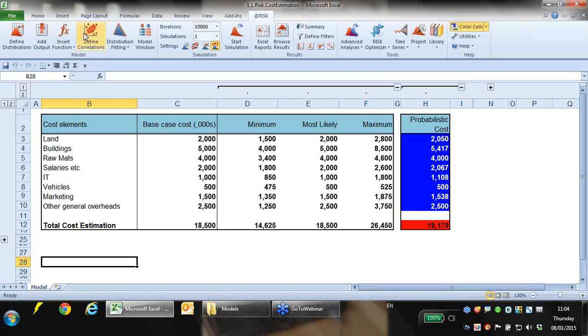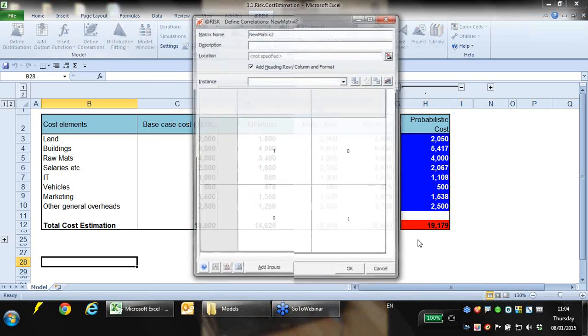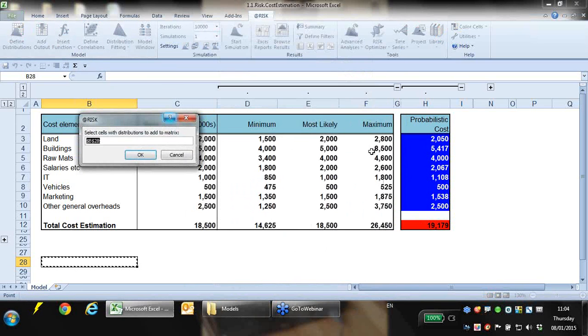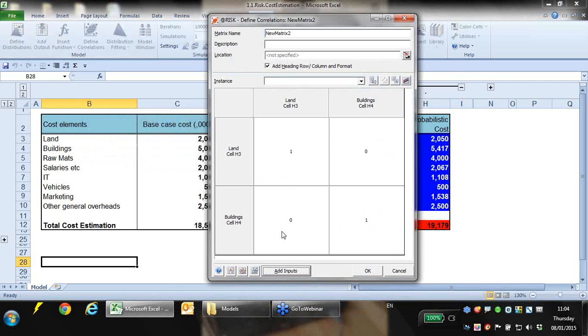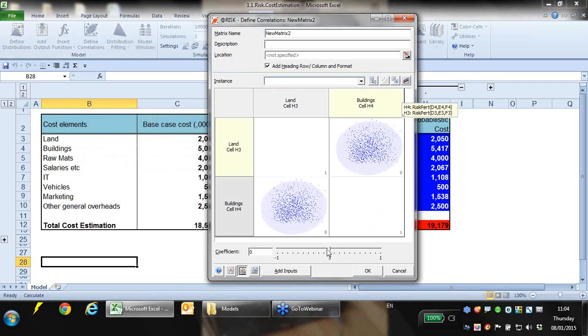What I'm going to do, I'm just going to put in a little correlation here, and what I'm going to say is that I want there to be a correlation between the cost of, let's say, land and buildings. Now, correlations can be negative, such as in the case of our price and demand example, where if one increases, the other tends to go down, or they can be positive, which in the case of steel and steel pipes would be the case, and also in the case of land and buildings, for the sake of argument.